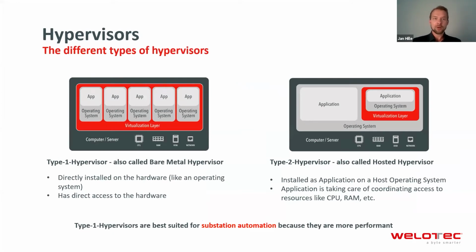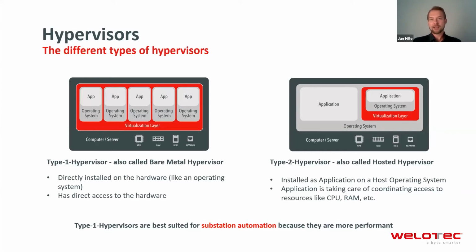Now, we need a closer look at the hypervisors. There are mainly two different types of hypervisors. Type 1 hypervisors, which are also called bare metal hypervisors, and type 2 hypervisors, which we call hosted hypervisors. The main difference between those two is that type 1 hypervisors are installed directly on the hardware, like an operating system.